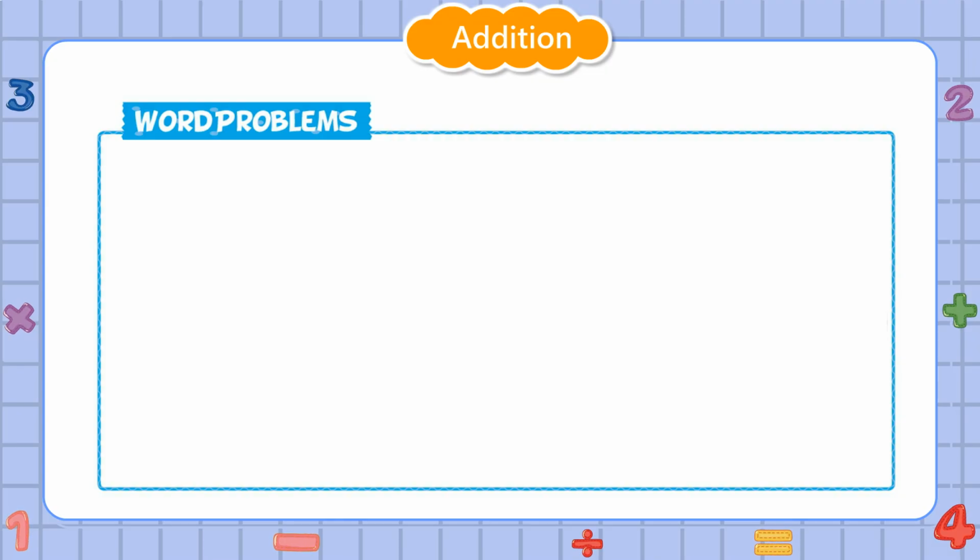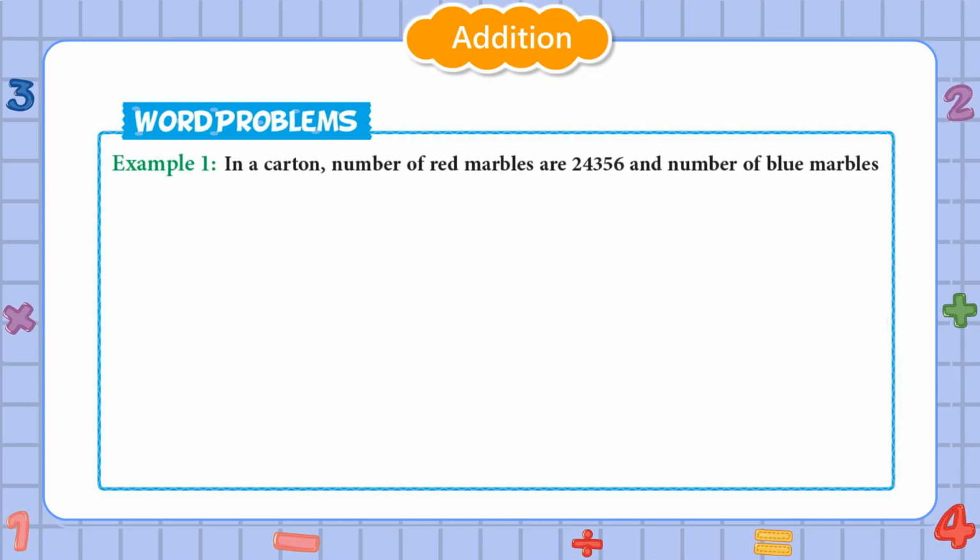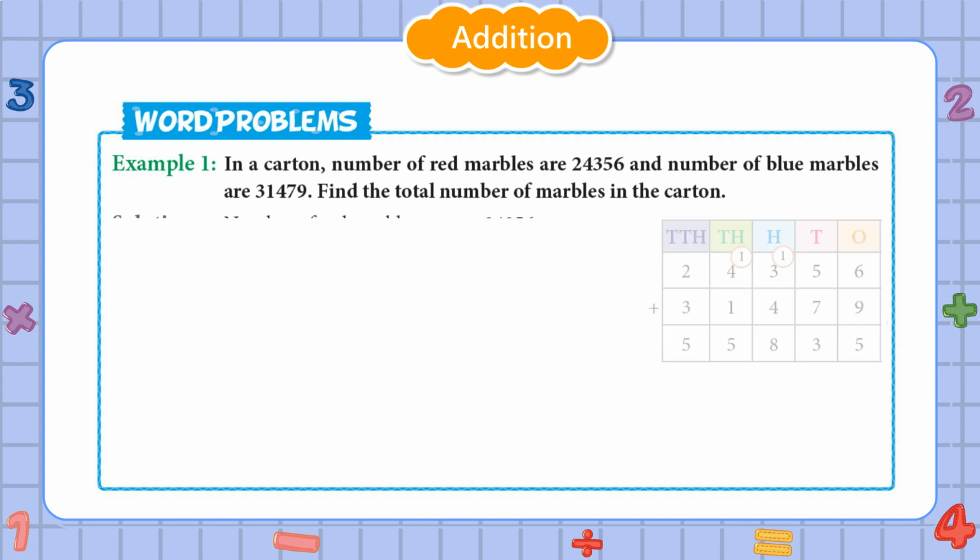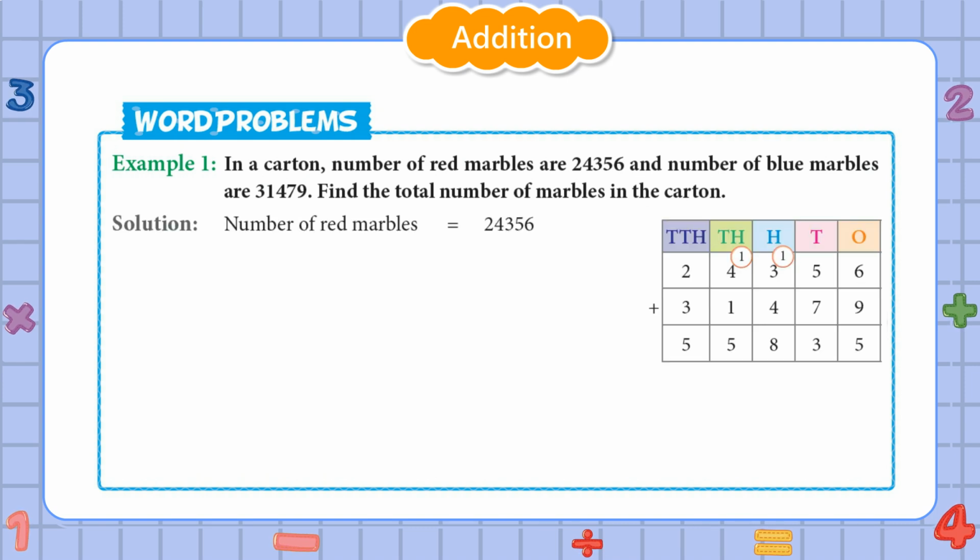Word problems. Example 1. In a carton, number of red marbles are 24,356 and number of blue marbles are 31,479. Find the total number of marbles in the carton. Solution. Number of red marbles is equal to 24,356.